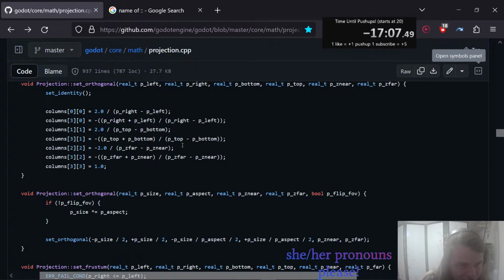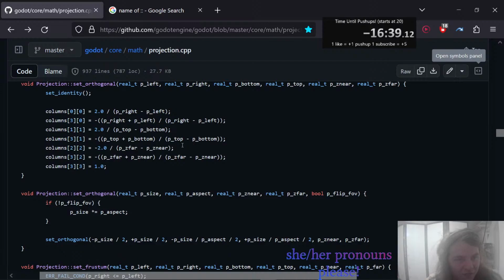And Projection::set_orthogonal(real_t p_left, real_t p_right, real_t p_bottom, real_t p_top, real_t p_z_near, real_t p_z_far). Set identity. columns[0][0] equals 2 divided by p_right minus p_left. columns[3][0] equals minus (p_right plus p_left divided by p_right minus p_left).